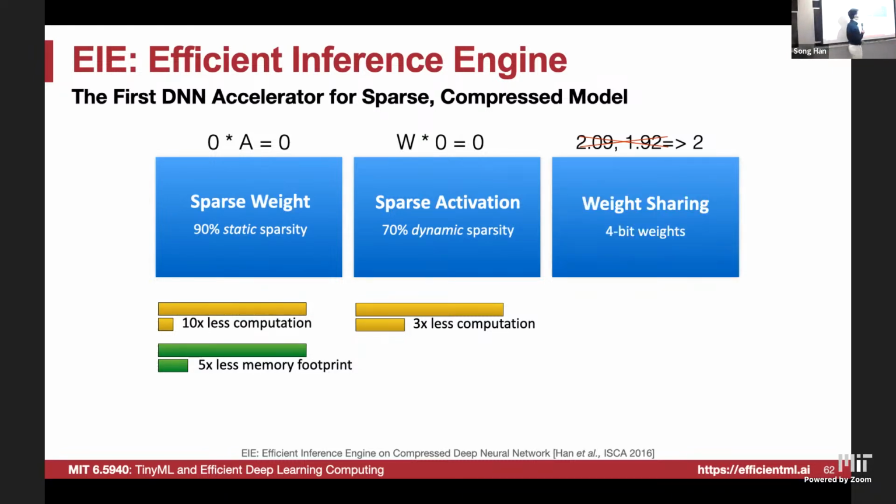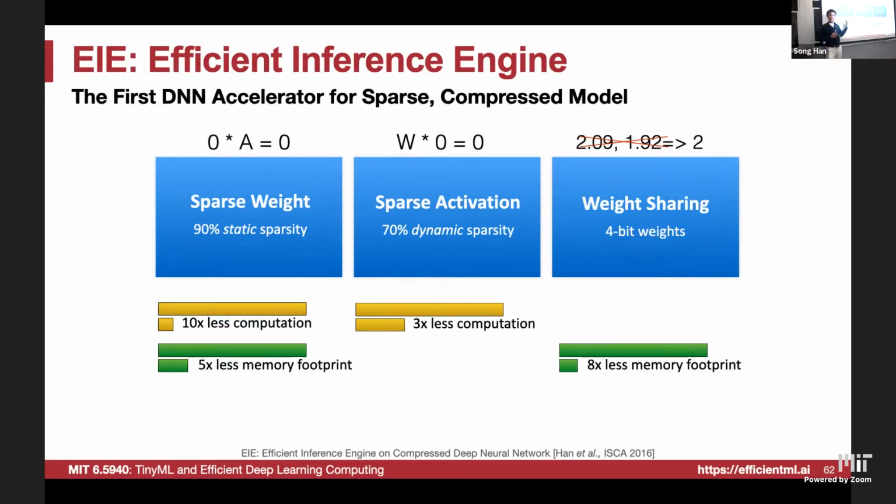And finally, weight sharing, where we can quantize the weight. So only 4 bits, only 16 choices. So these two, we can approximate them by the same number. They share the same weight. That's why we call it weight sharing. So that saves 8 times memory footprint if we represent the weight with 4 bits, compared with originally it was represented with 32 bits, which we're going to dive deeper into in the next lecture.